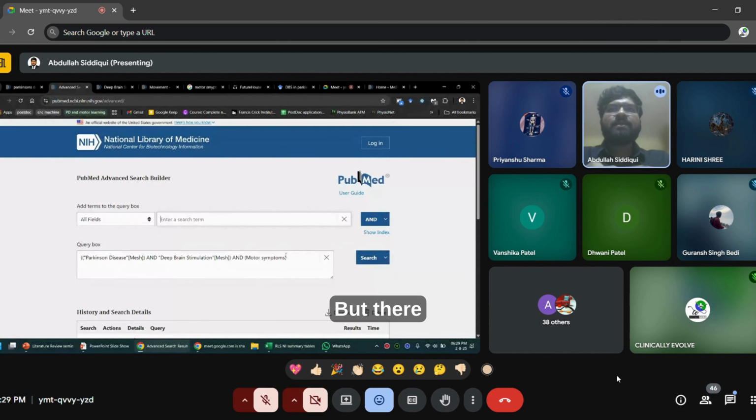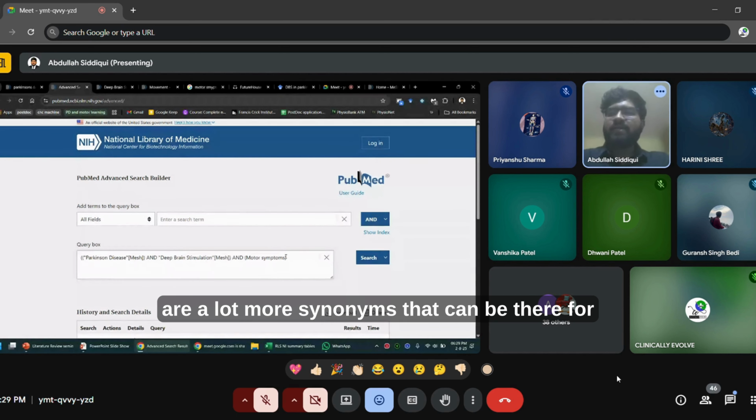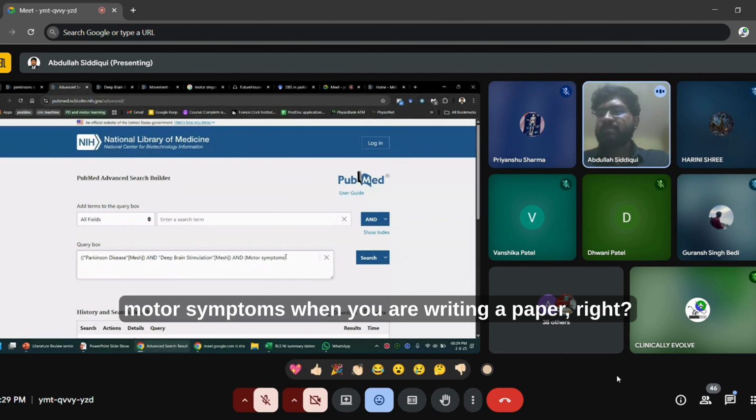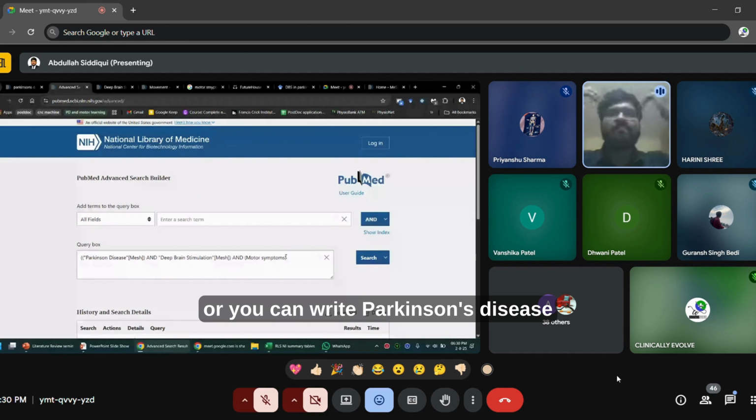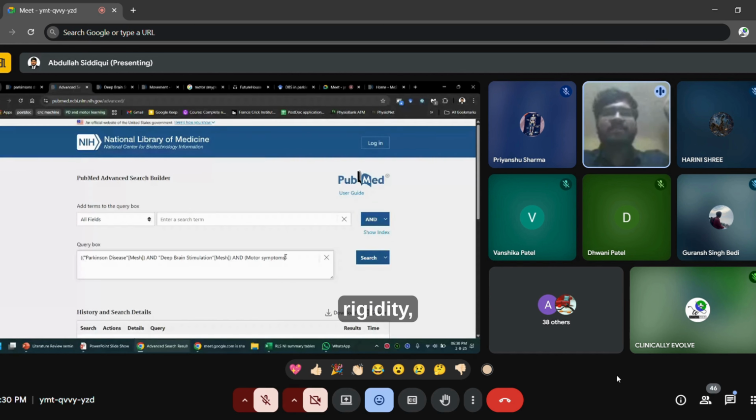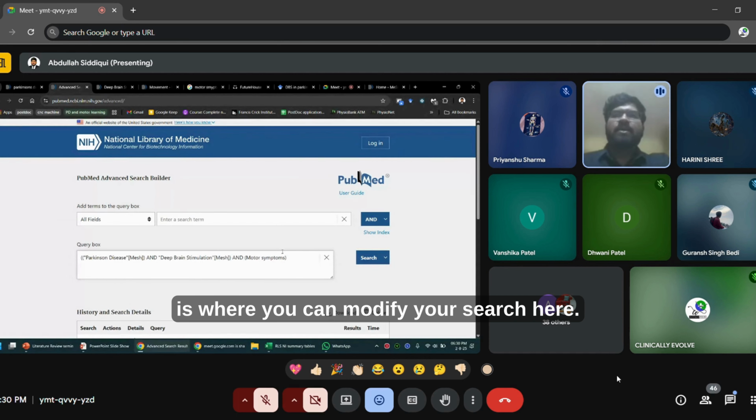Correct. But there are a lot more synonyms for motor symptoms when you are writing a paper, right? For example, you can write motor dystonias, or you can write Parkinson's disease specific terms like bradykinesia, rigidity, tremor, those kind of things. So this is where you can modify your search here.